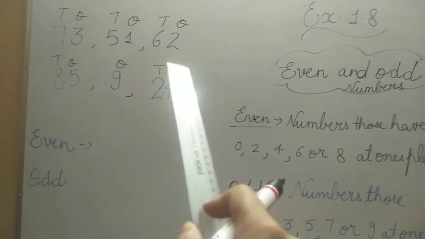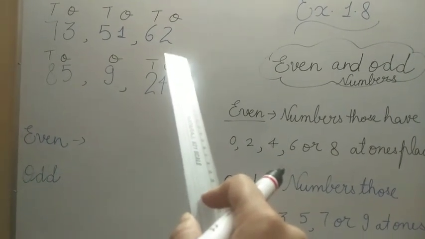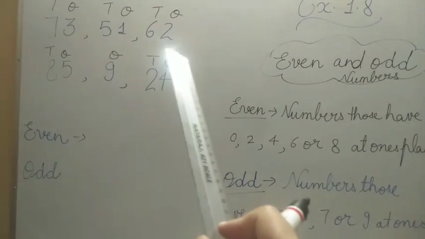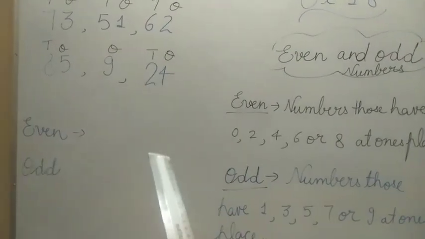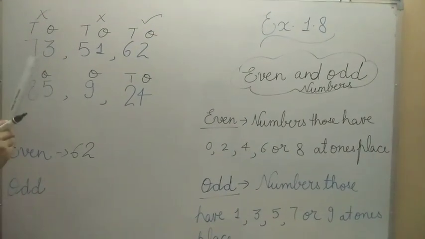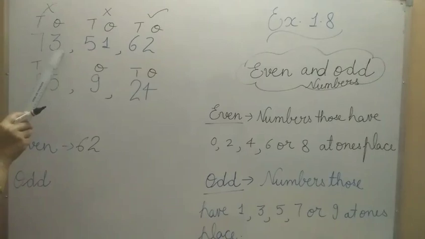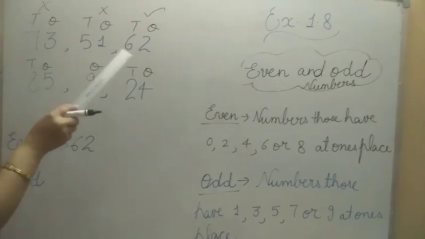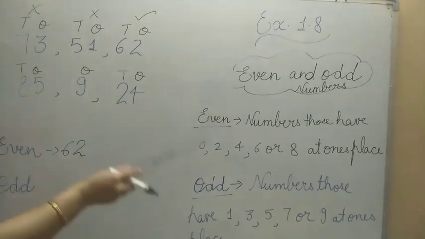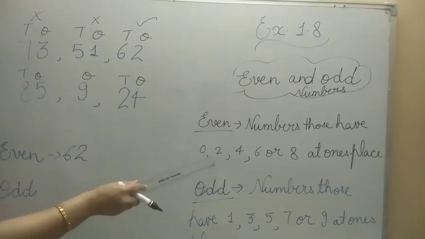Yes, 2 at ones place. It means it is an even number. So we will write this number in the even column. Okay, students. 73 is not even. 51 is not even. 62 is even because its ones place number is 2 and 2 is an even number.